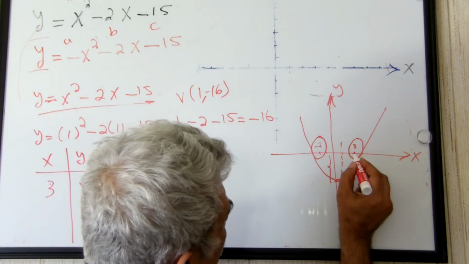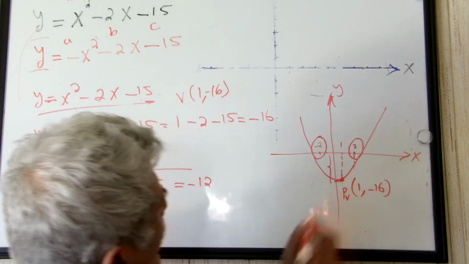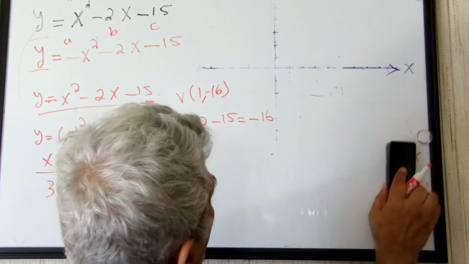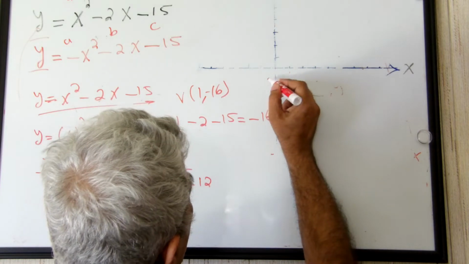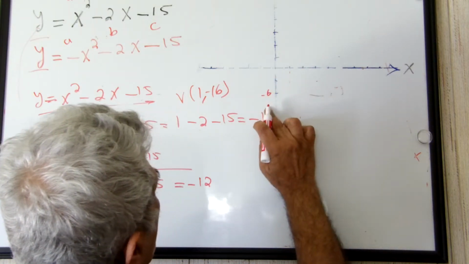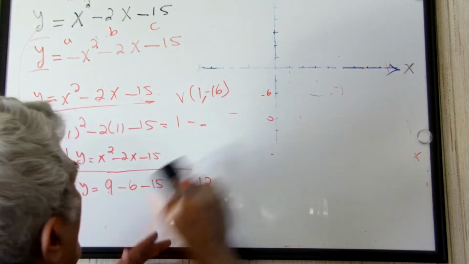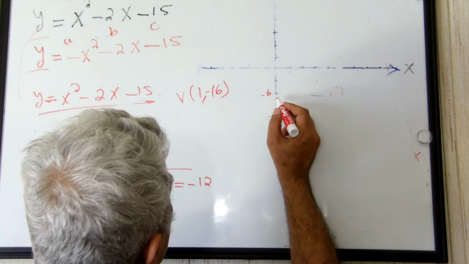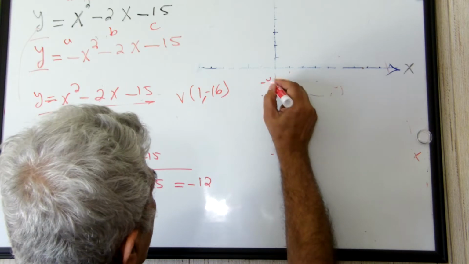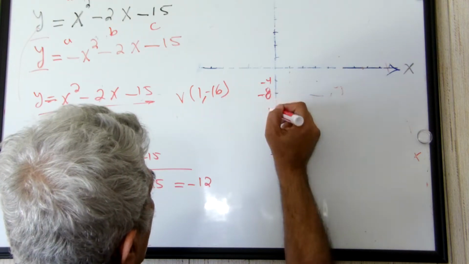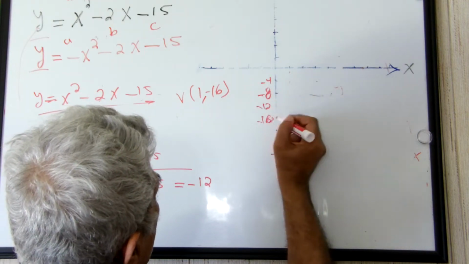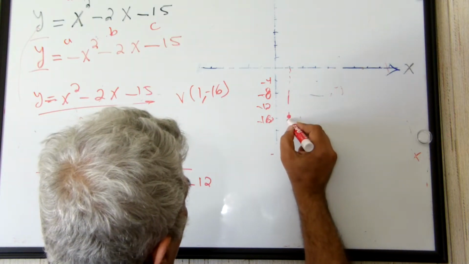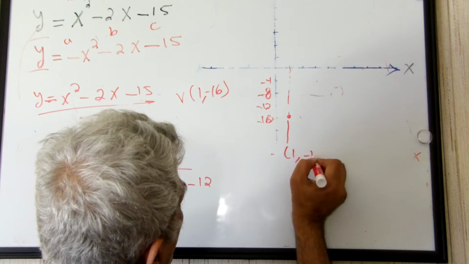See here, let's write it here. The vertex is going to be here, which is 1 and minus 16.